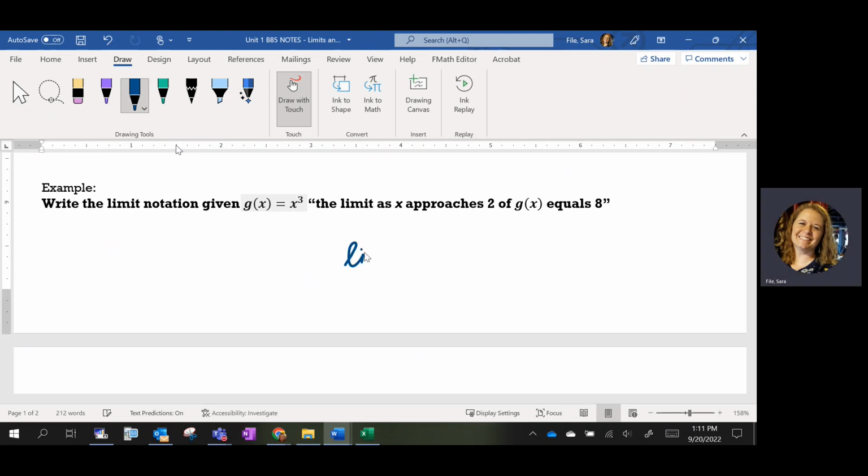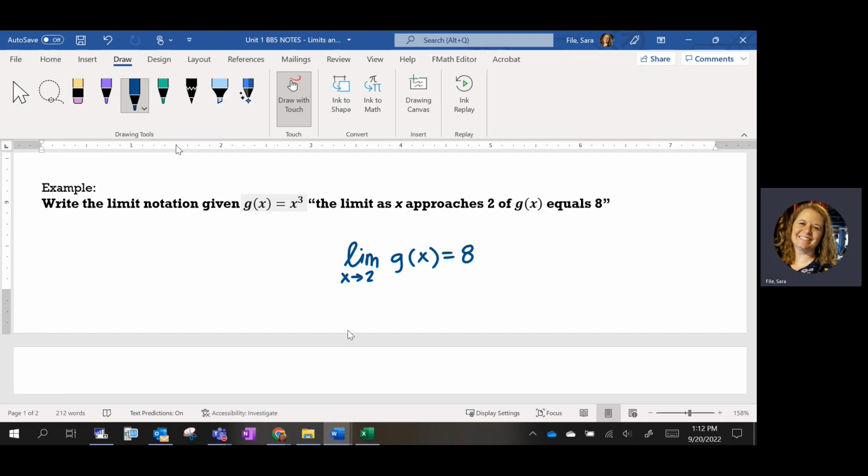Okay, the abbreviation is just lim. I don't have to write the whole word. Of g of x. Under limit is where you put what x is approaching. And then it equals 8.